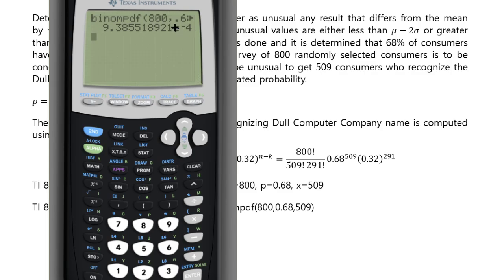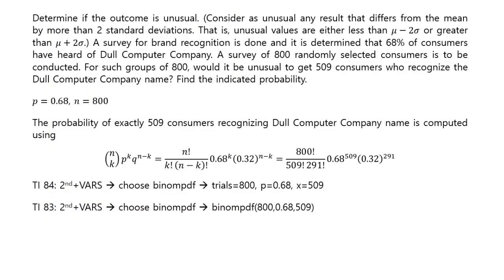What this means, e minus 4, is 10 to the negative 4th power. So this is scientific notation. So if you actually wrote it down, it means you have 9.386, I rounded it up, times 10 to the negative 4th power.